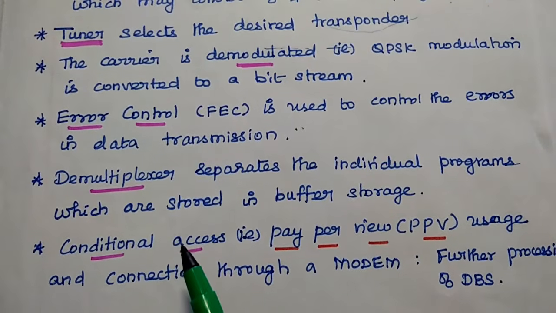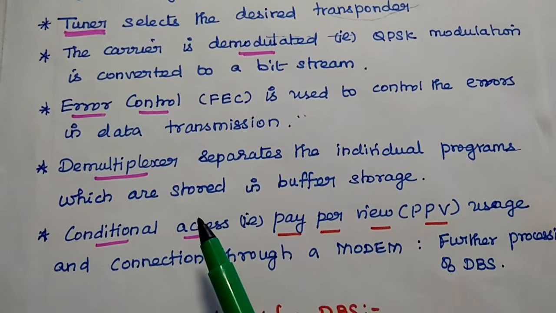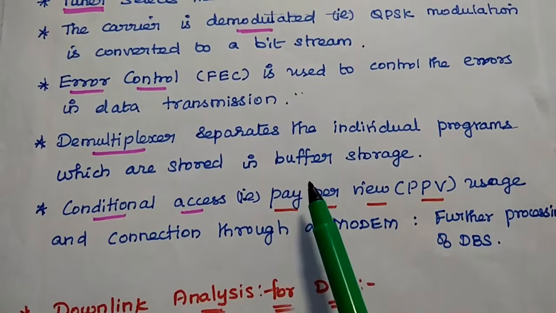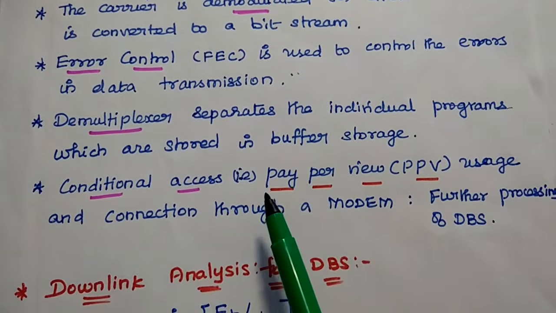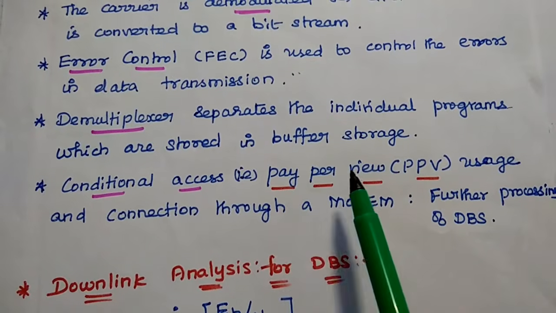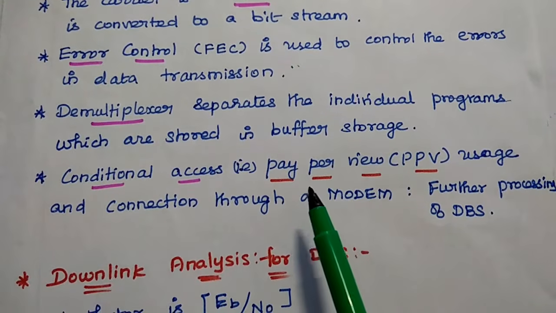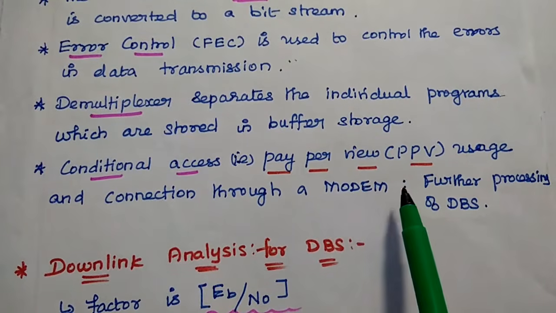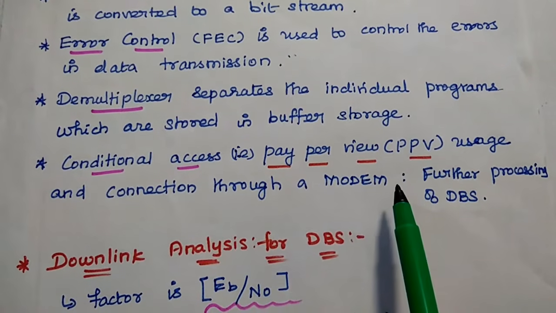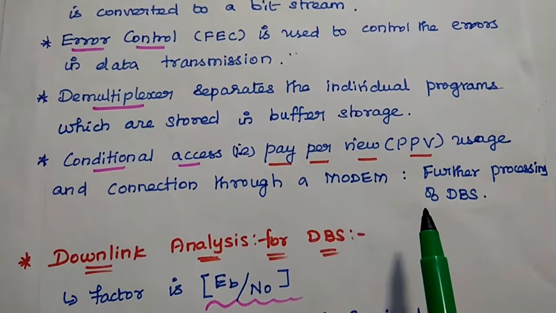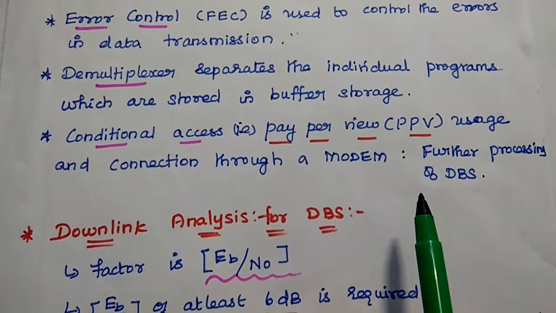Next, the demultiplexer is used to separate the individual programs, which are stored in the buffer storage. After that, the conditional access, that means pay per view, is used to select a particular program, because each channel subscription is mandatory. Then the connection through a modem can be applied for further processing.